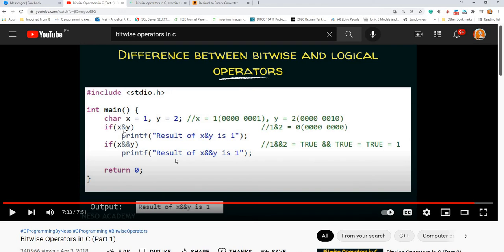Okay. The result of x and y is 1. So, dineclare niya na 1, so ibig sabihin, true. So, paano natin makukompute ngayon yung ating 1 and 2? Now, maganda, i-code natin. Lagay natin sa code. Tapos, tingnan natin kung ganun din ang lalabas.